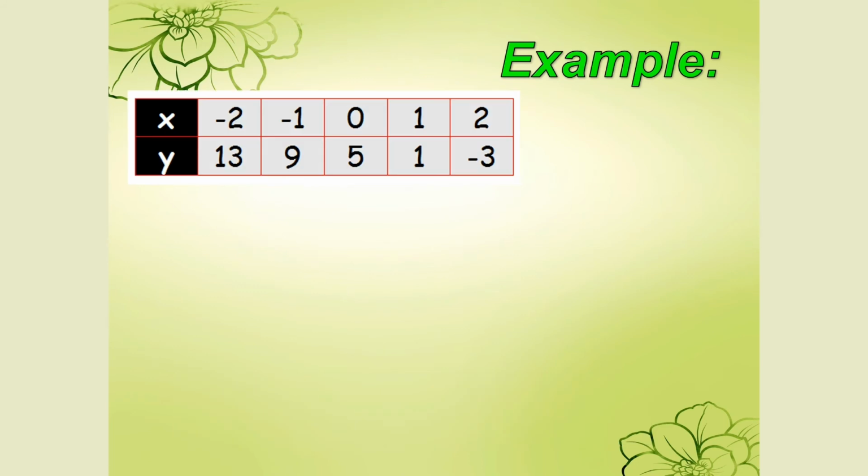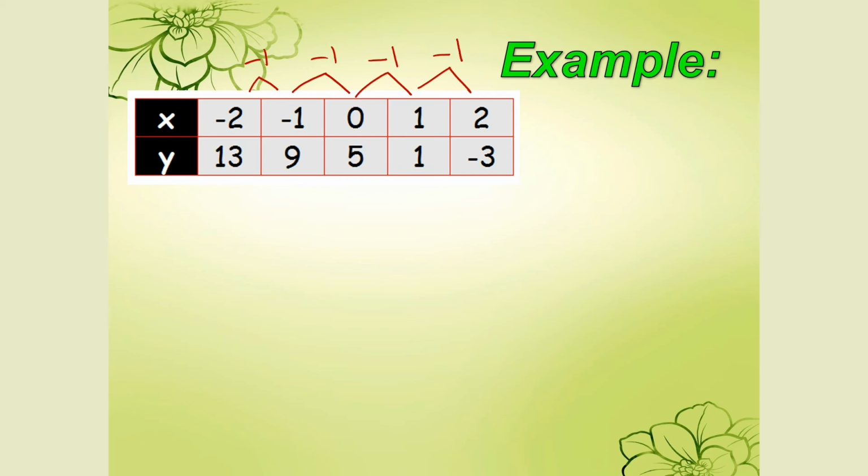Next example. Again, in the x variable values, the differences should be equal. Negative 2 minus negative 1 is negative 1. Negative 1 minus 0 is negative 1. 0 minus 1 is negative 1. And 1 minus 2 is negative 1.